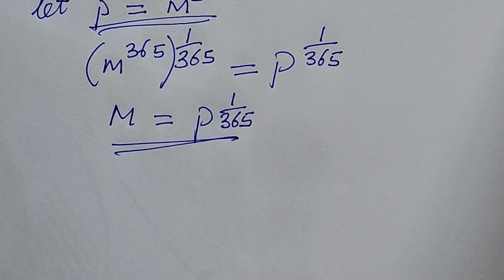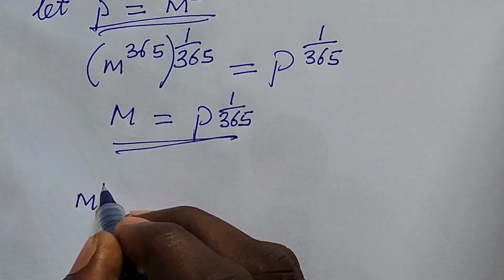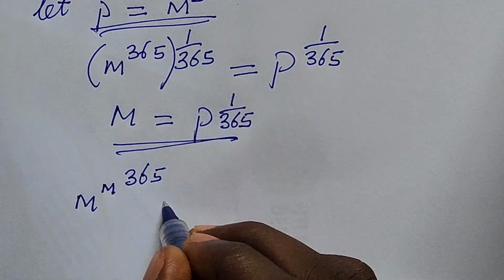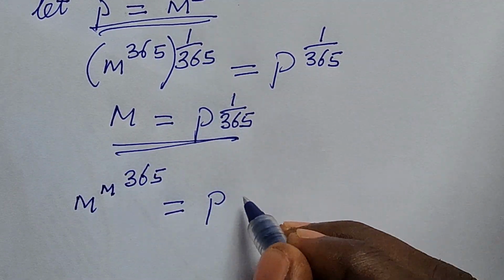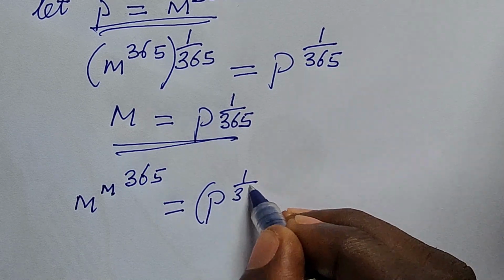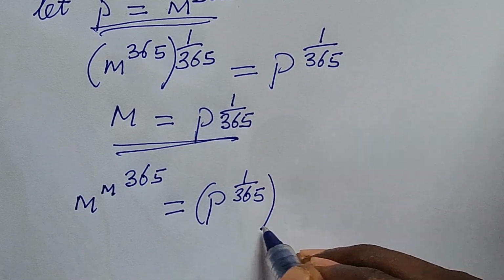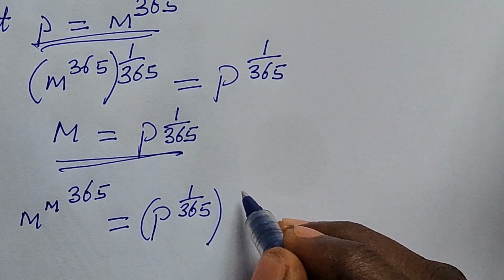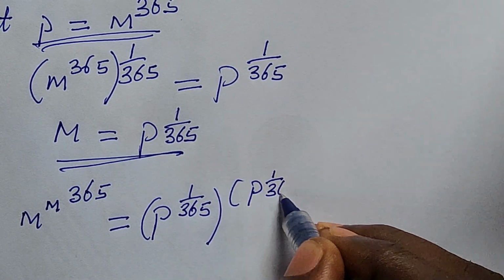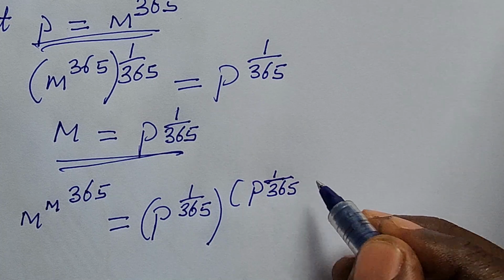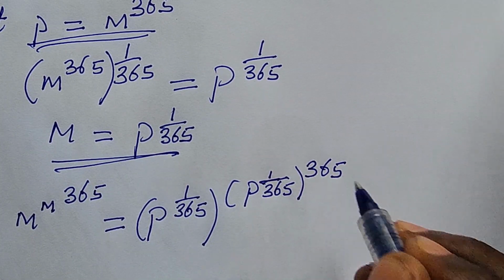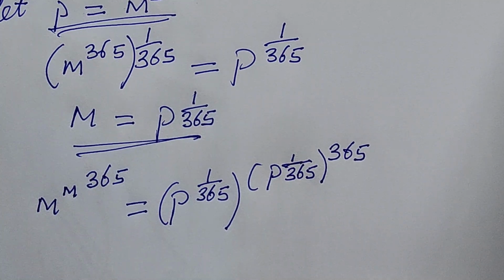So we can now have this to be m to the power of m to the power of 365 equal to p. Okay, let's put this in brackets, (p to the power of 1 over 365), all raised to p to the power of 365, all raised to 365. Any confusion here?